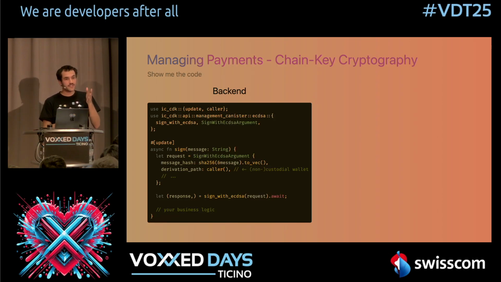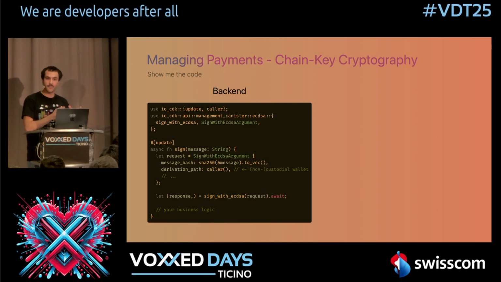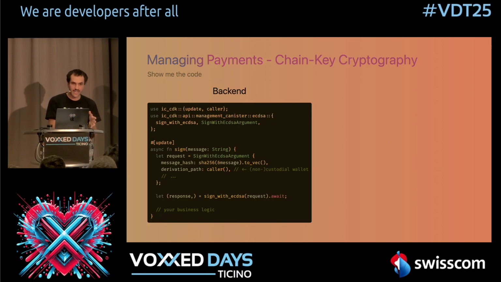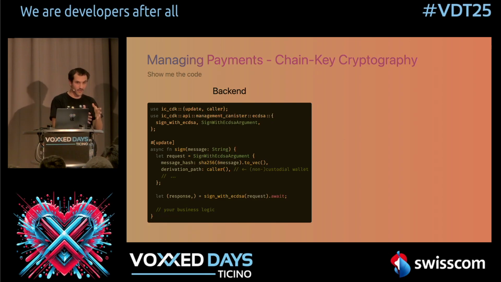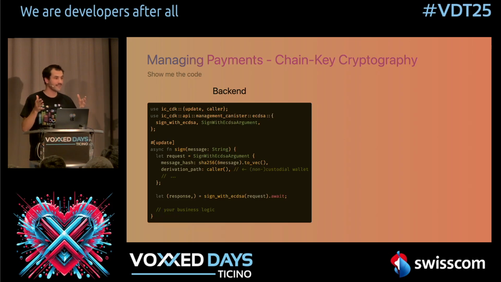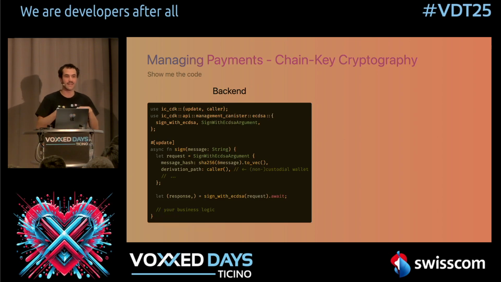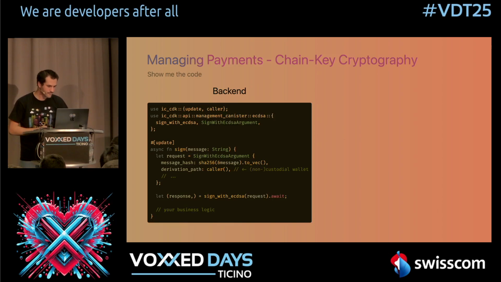And so users can be sure that our backend is signing the transactions for them and only for them. And they are the only ones that can sign transactions that can trigger this method and obtain a key in order to sign a transaction.